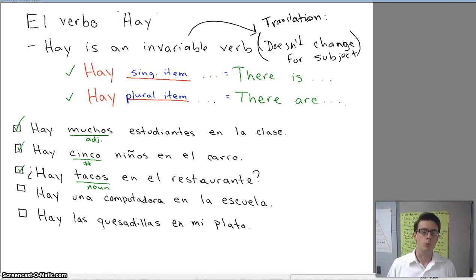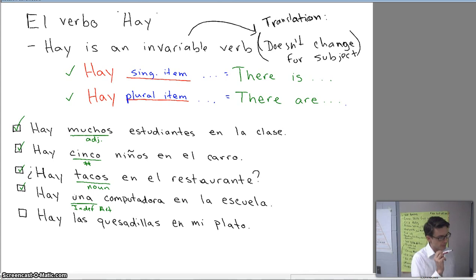Hay una computadora en la escuela. That is a correct usage of the verb hay, because this is an indefinite article. Alright, it's an indefinite article like you guys have learned.